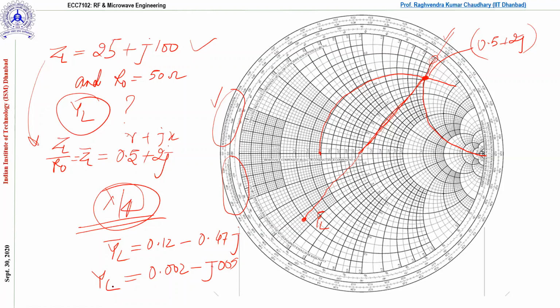This is not a big task actually, but you require exact points over the Smith chart. You need to find them, and then only can you do all kinds of things. Otherwise, any small mistake will lead the whole problem in the wrong direction. So you need to be very careful pointing over the Smith chart. In this way we can find the admittance over the Smith chart.